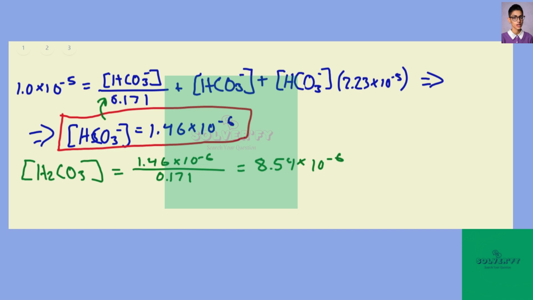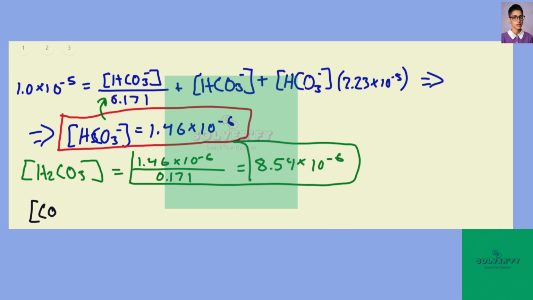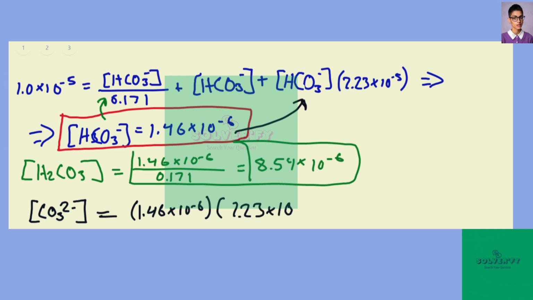Then finally, the carbonate concentration, CO3 2 minus, we calculate by plugging in this value here, and we get 1.46 times 10 to the minus 6 times 2.23 times 10 to the negative 5, which is equal to 3.26 times 10 to the negative 11 molar.